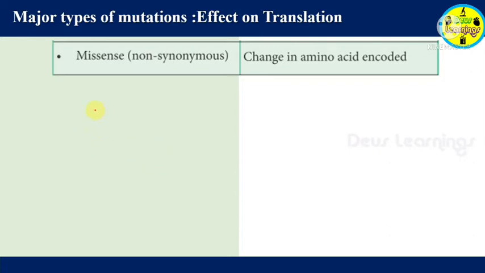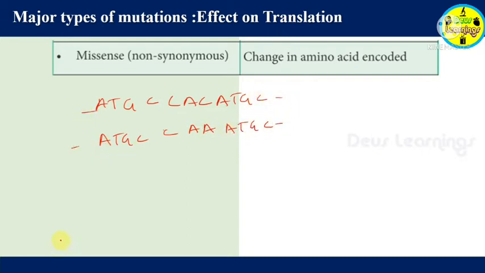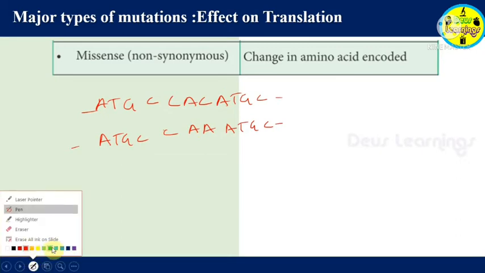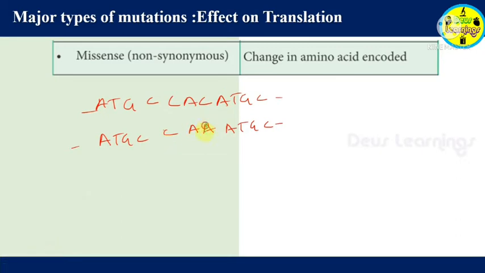For example, again we have ATGC, ATGC, and if we have CAC, and again then ATGC, then let's again write ATGC followed by CAA, then ATGC, right? CAA. So this one is substituted, right?